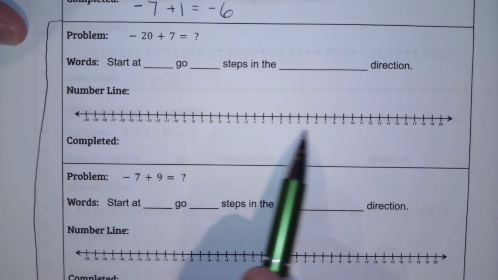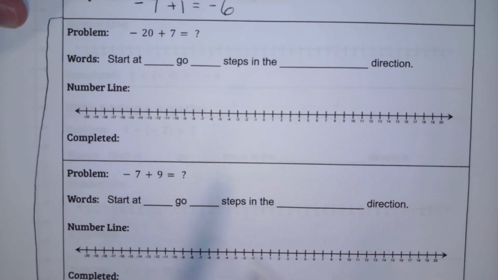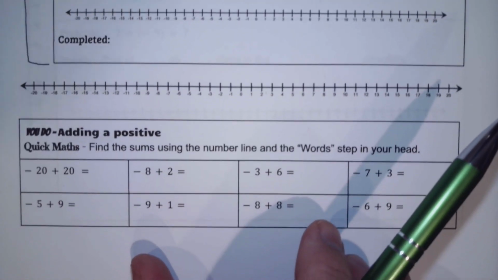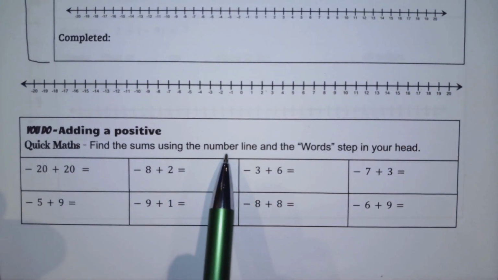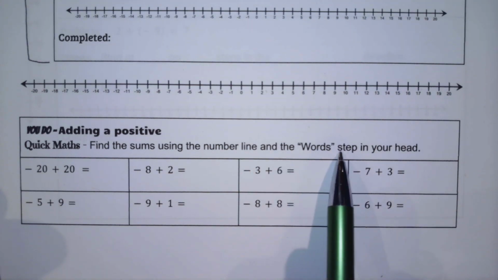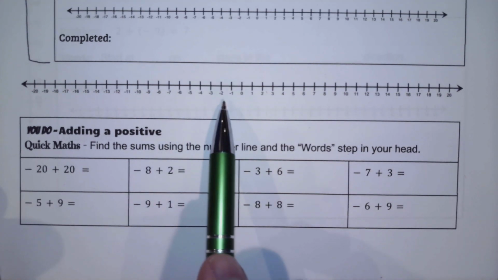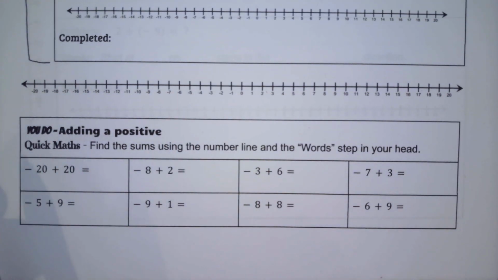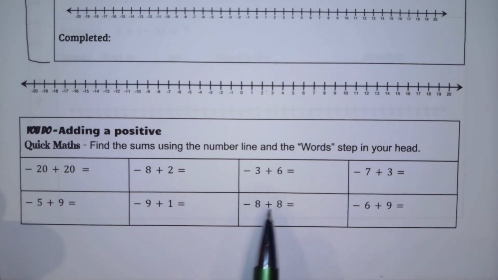You'll need to fill in the number line and then also have the completed equation. Same goes for this example. Then at the bottom of the page we have some quick maths. So you're going to find the sums using the number lines and the words steps in your head. So here's a number line for you. You can use the number line or you can do it all in your head. That's up to you. But you're going to find these sums, write them down, and that's one of the things that I'm going to check when you're done.